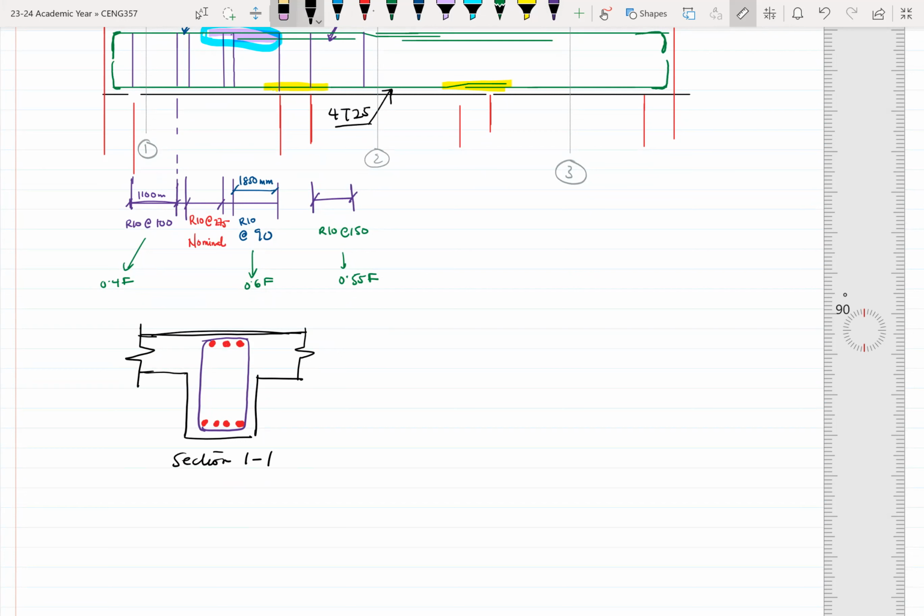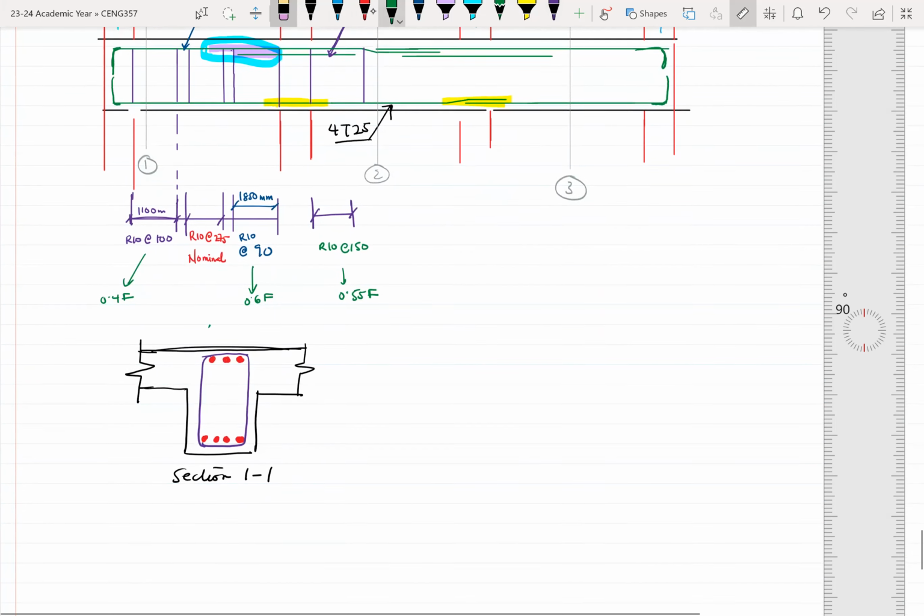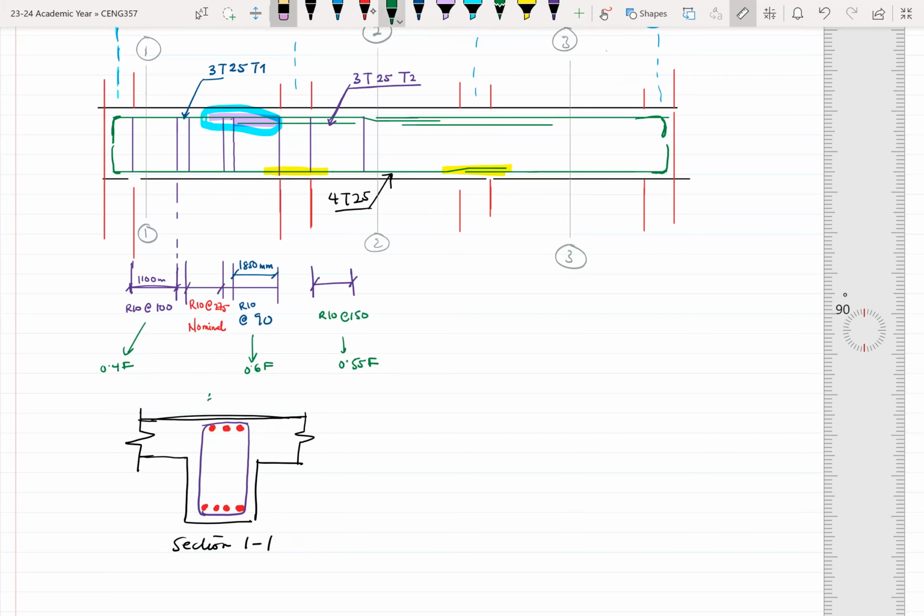So to name it, here's our 3T25. Here's our 4T25. And this here is our R10 at 100.